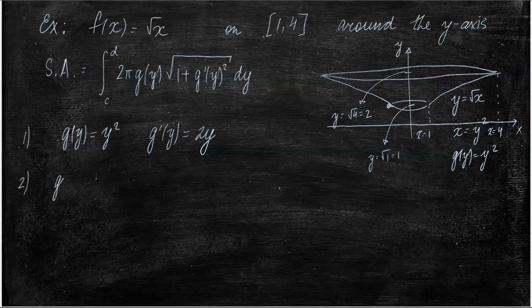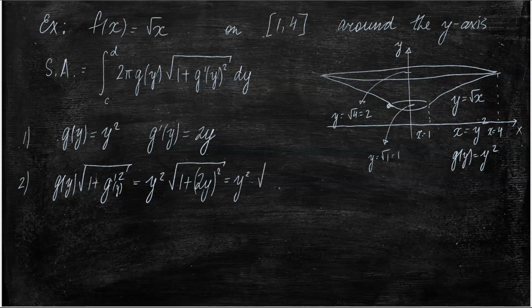So we have g of y times the square root of 1 plus g prime of y squared, and that's going to be y squared times the square root of 1 plus 2y squared. And honestly, I don't see how to simplify it to make it easy to integrate.